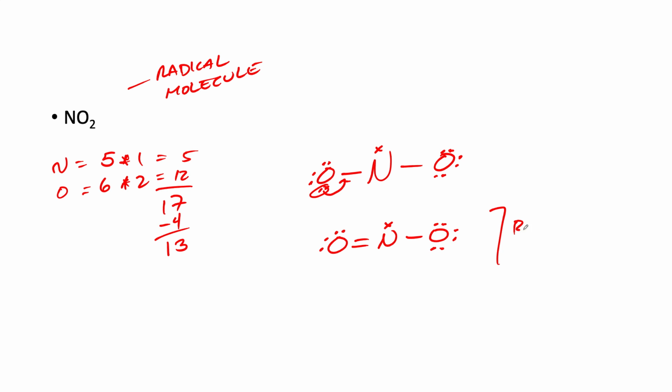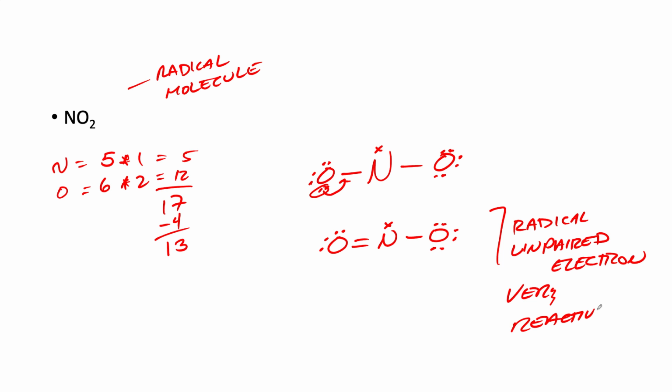This is called a radical, which has 1 unpaired electron, and it's very, very reactive. This is something you need to realize can happen.